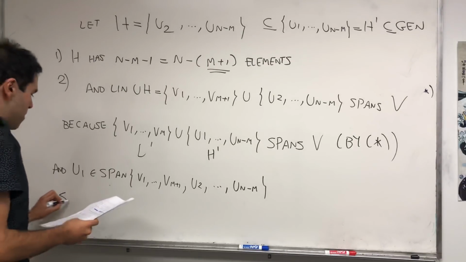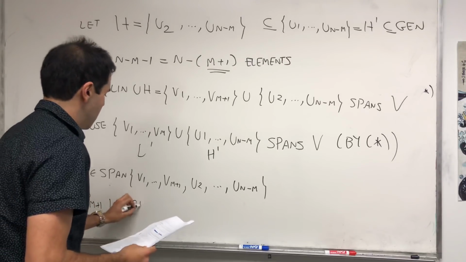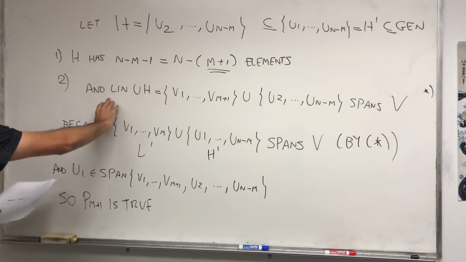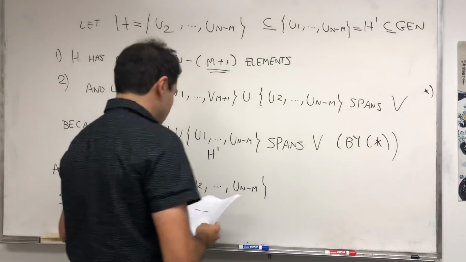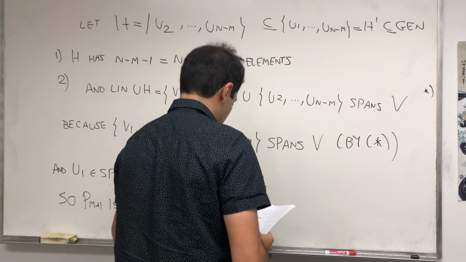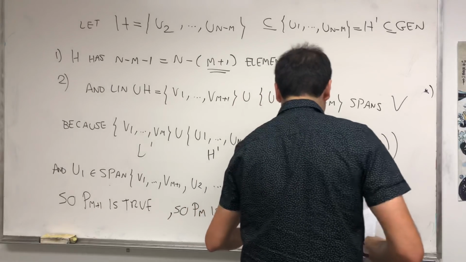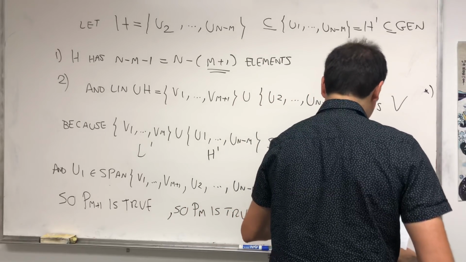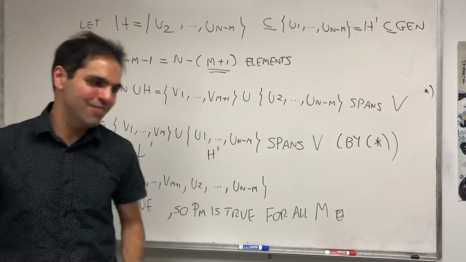So P_{m+1} is true. Because the point is, this whole space has to span V, and so P_{m+1} is true, so Pm is true. Pm is true for all m. This is the proof of the replacement theorem.